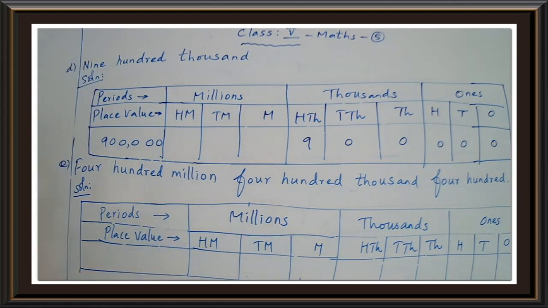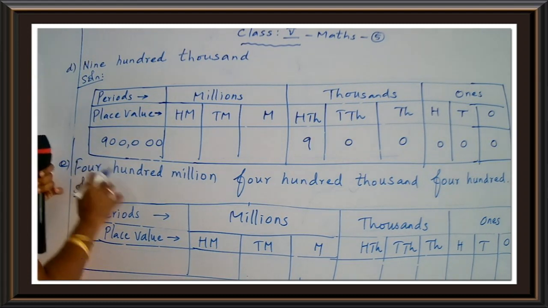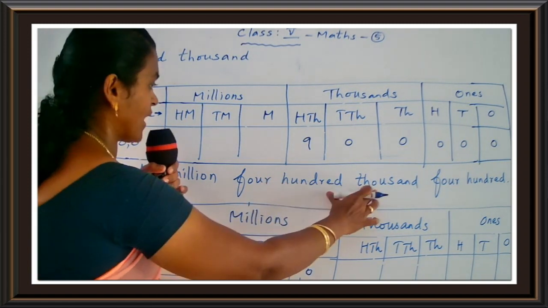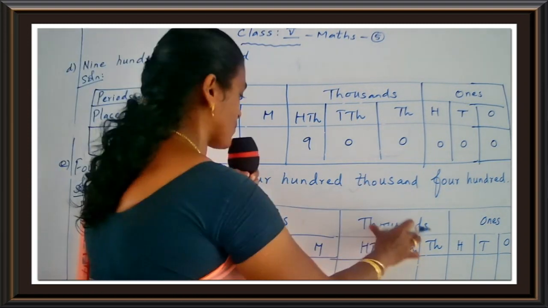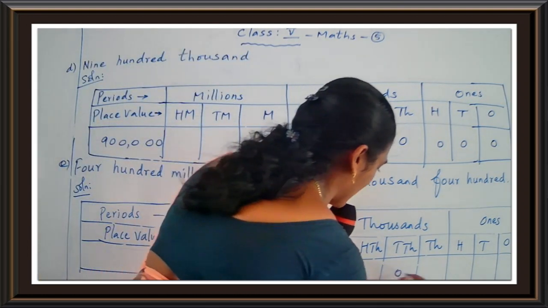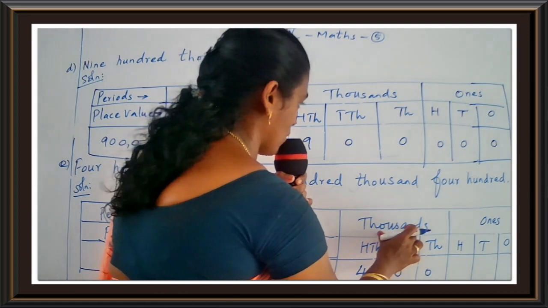Now listen, your question is 400 million, 400,000, 400. Your millions period has which number? 400. 400 million. 100 million is given, that is 4. So 400 million. 400,000. So thousands period has 400. So 400,000.